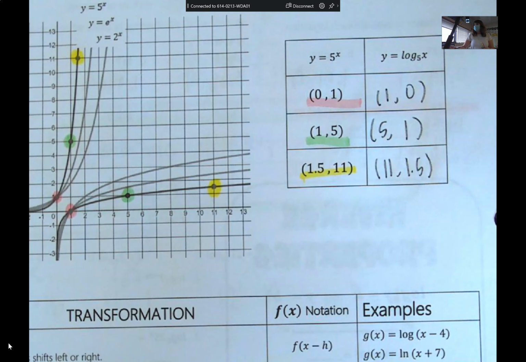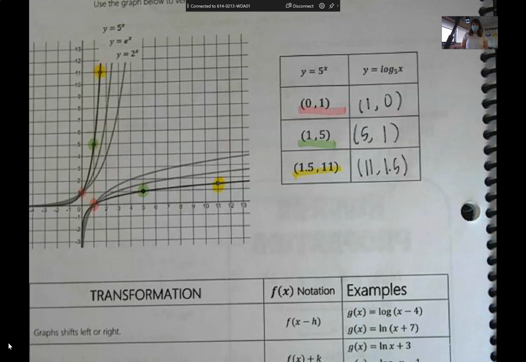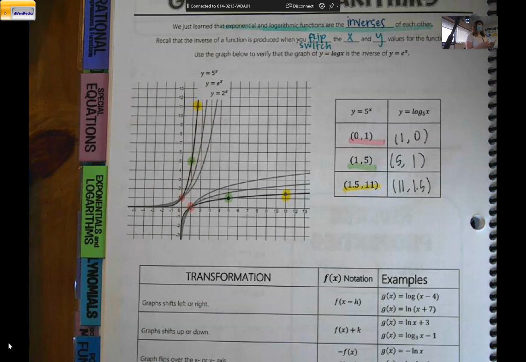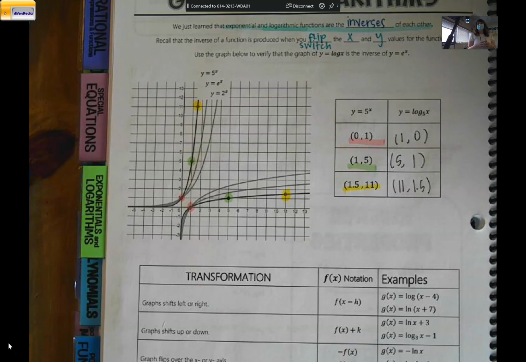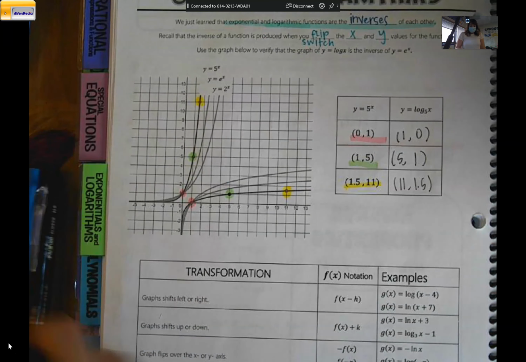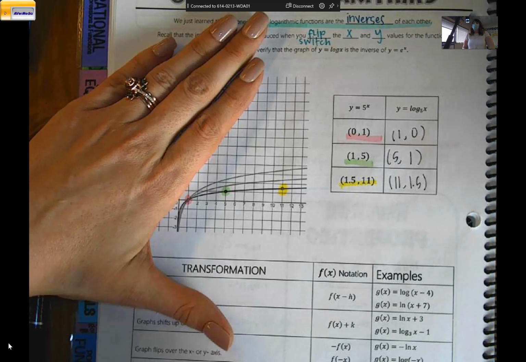So two things are happening here. There are two purposes to this graph. Number one, it's to show you what a logarithmic function looks like, but the other thing is to give you a visual representation of how they are inverses. So when we're talking about logs, we're talking about these kinds of graphs.